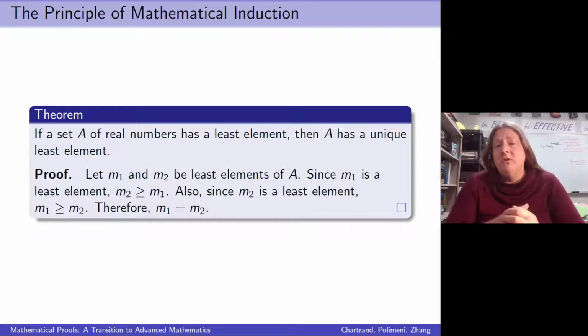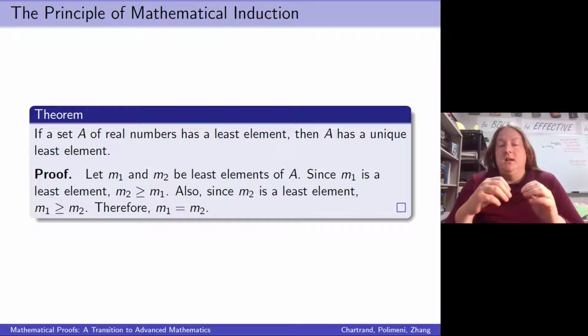So for the sake of contradiction, we're going to assume the contrary. We're going to say M1 and M2 are both least elements of A. Well, then M1 is less than or equal to M2 by the definition of being a minimum element.